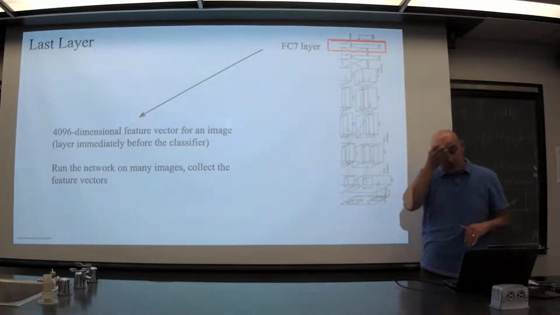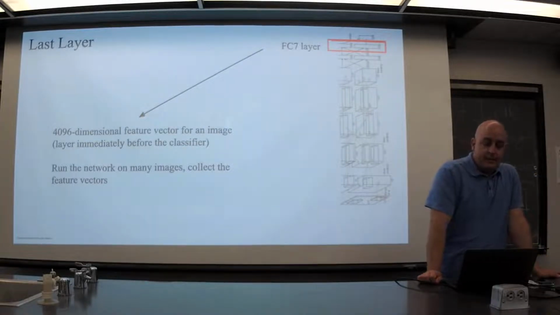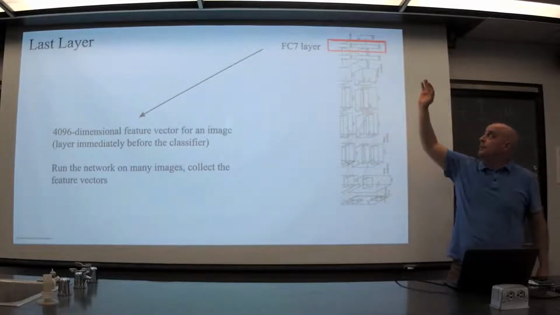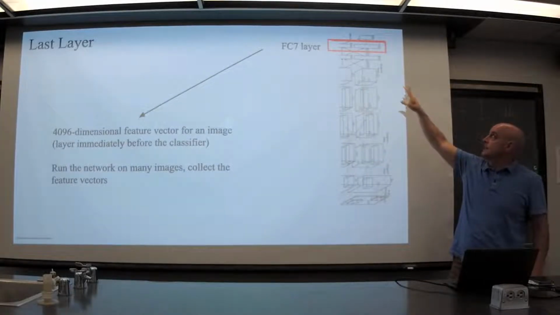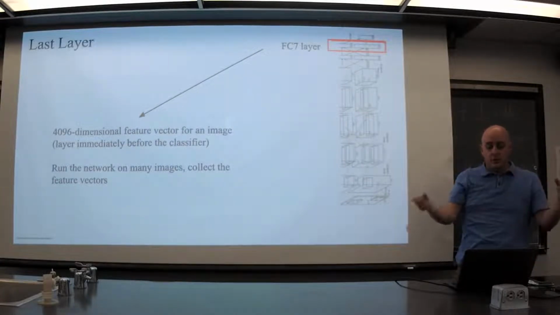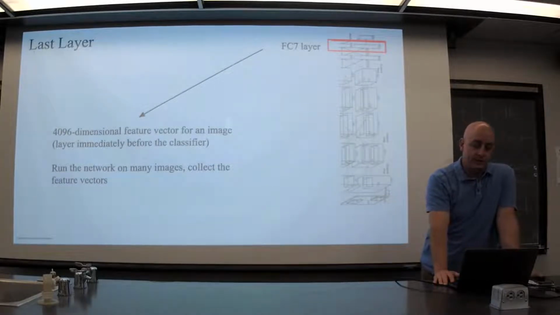So here's one really interesting idea, and that is to think about what's actually in these final fully connected layers, before you transform into scores in preparation for applying your loss function.